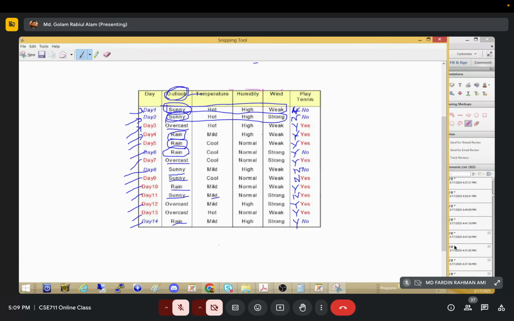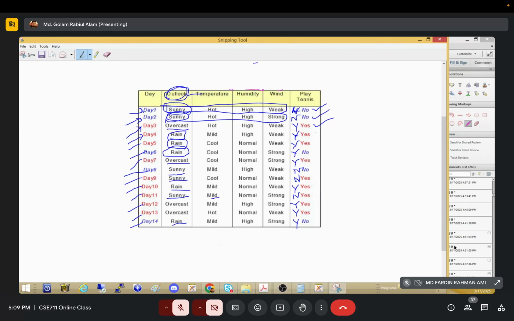So we can see that for the first output, first day, original output is no, and stump also says no. So no and no. That means this is correct. And then second one, original is no, and stump also mentioned no. So correct one. Third is yes and yes.